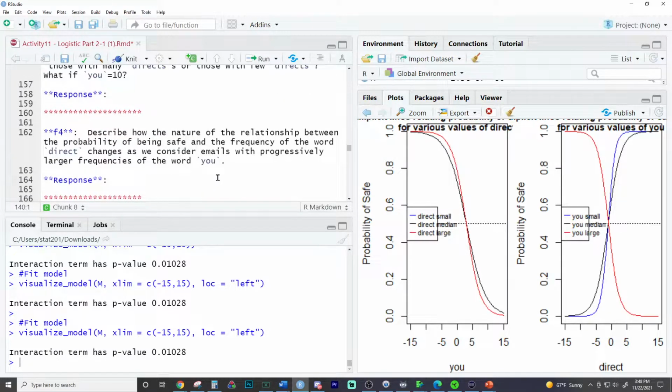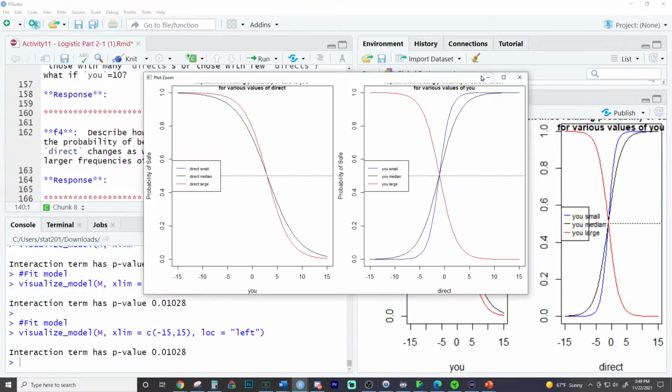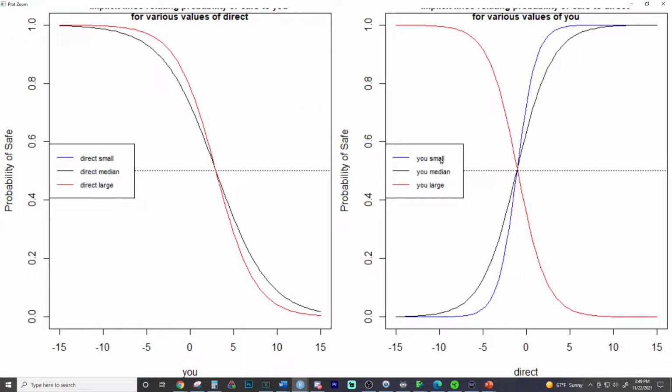Describe how the nature of the relationship between the probability of being safe and frequency of the word direct changes as we consider emails corresponding with larger and larger values of u. So I think we were talking about this earlier here. If you look at u going from small, direct has a positive relationship, which means direct would make emails more safe if u is very small. But as you go to larger values of u, direct starts to get a negative relationship and make emails less safe.